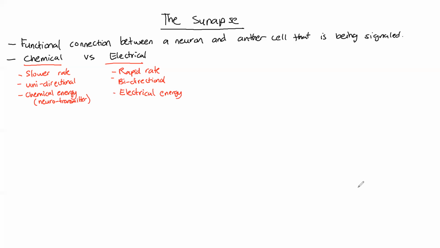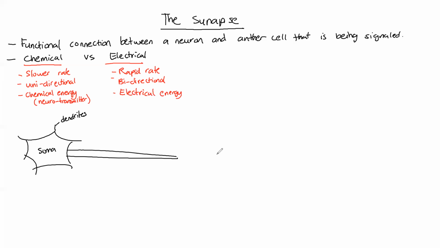Let's now illustrate what this synapse looks like. So drawing our neuron here, we've got our soma, right? We've got our dendrites here, okay? And then we've got our axon, and then our axon terminal, okay?